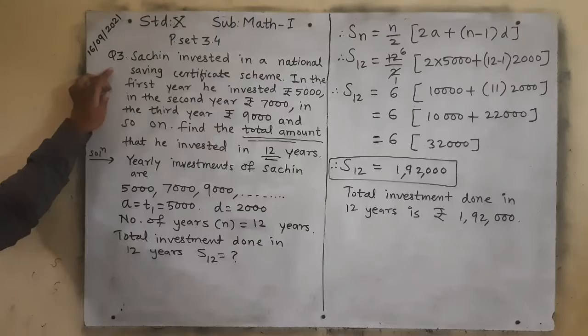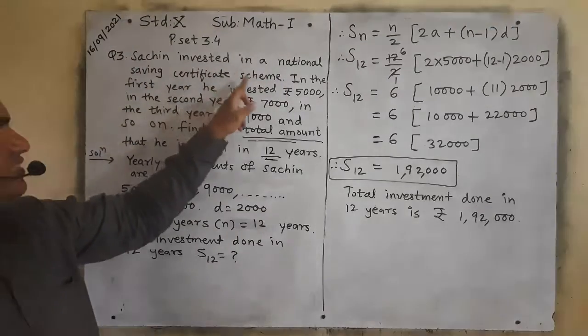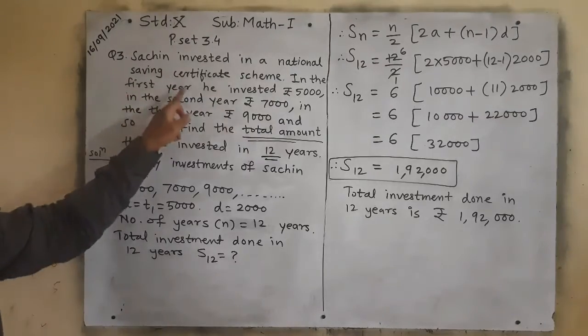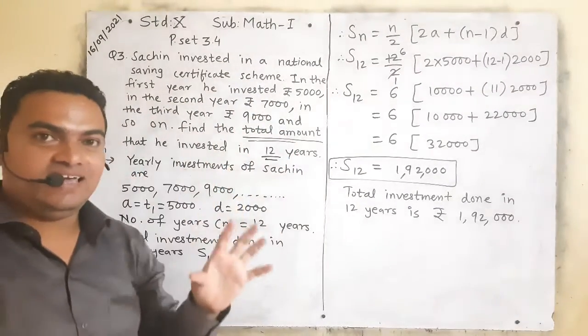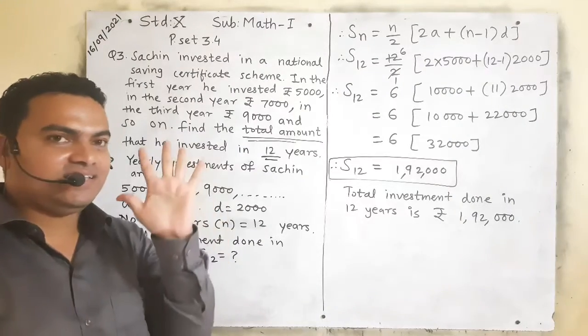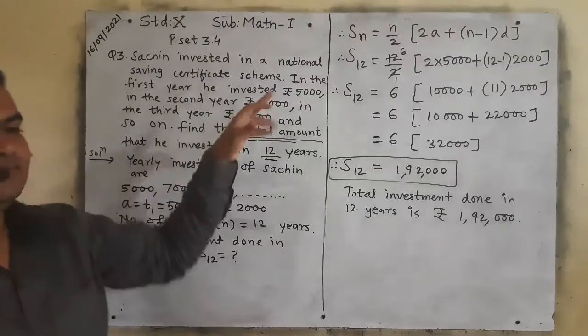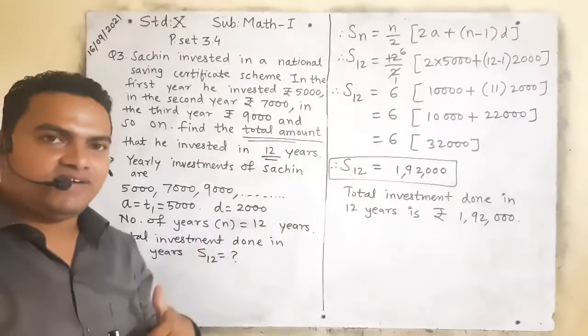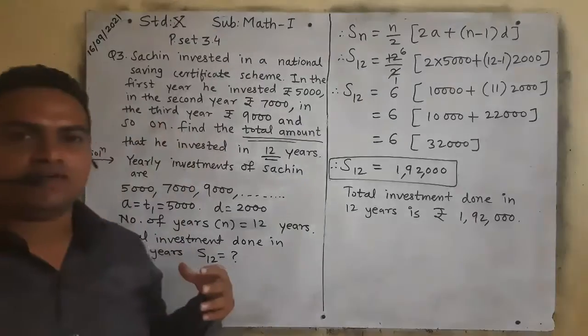Question number 3: Sachin invested in a national savings certificate scheme. In the first year, he invested rupees 5,000. First year means A, the first installment, that is A is equal to 5,000. In the second year, rupees 7,000. In the third year, rupees 9,000.